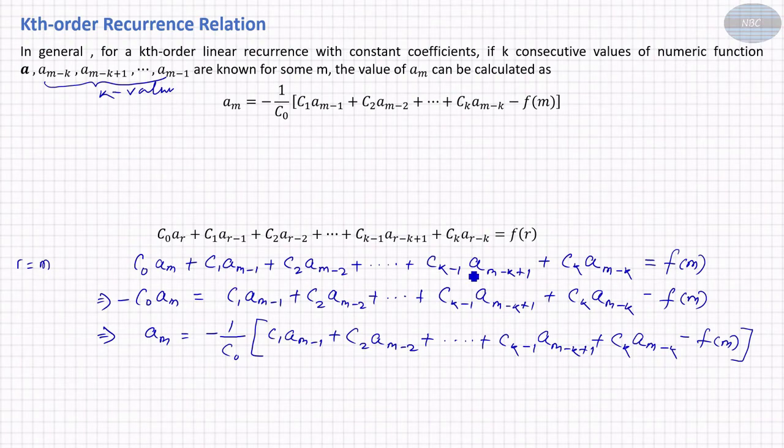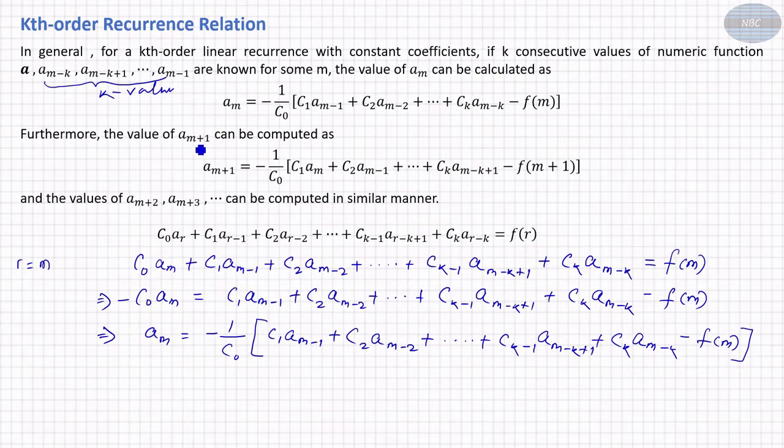Okay, in this particular step the previous term is not written here, so I have written here the previous term of this. So this is equivalent to this particular step. In this way we can calculate the value of a_m. Furthermore, since we got the value of a_m, we can easily calculate the value of a_{m+1}, that is the next value of the numeric function a.